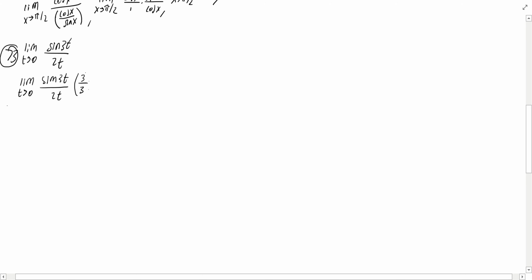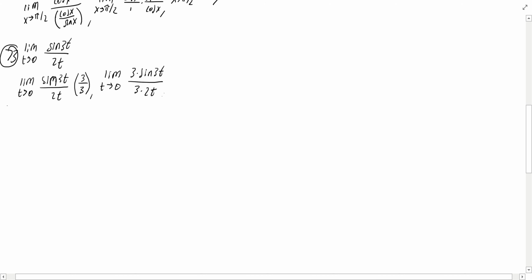And so this is going to transform the problem into the limit as t goes to 0 of 3 times sine of 3t over 3 times 2t.